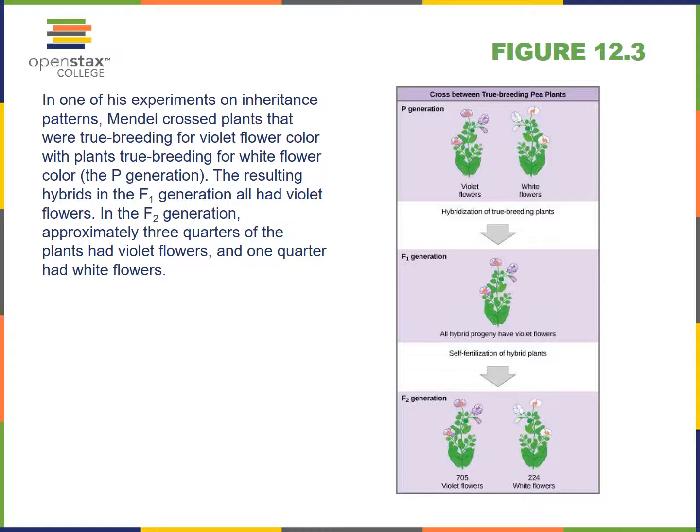So he then snipped all the male parts out of the purple flowers and painted pollen from the white flowers onto the female part of the purple flowers. So this way he bred the purple flowering plants with the white flowering plants.